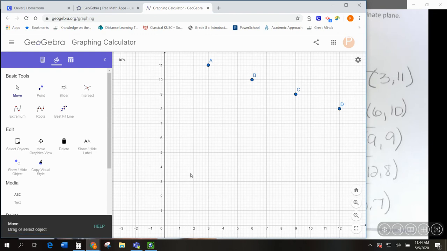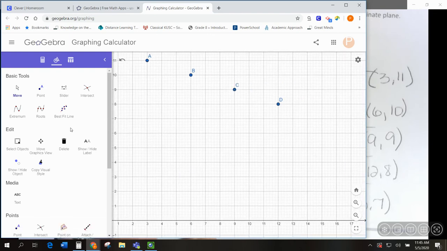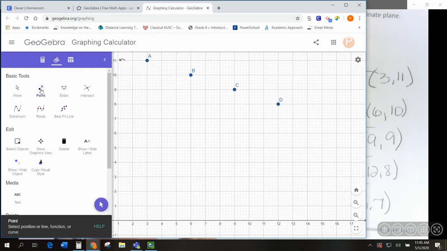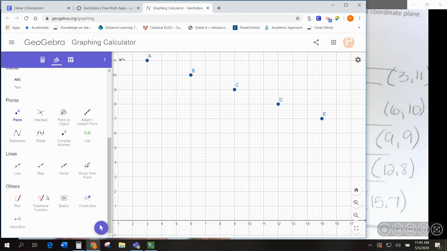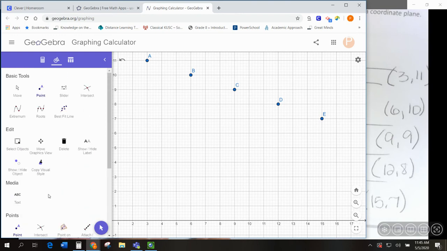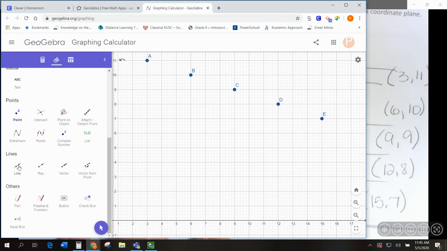And let me move this a bit more. And we're going to have 15, 7. And if you want to see if that forms a straight line, we can draw a line connecting this to this. And it does.